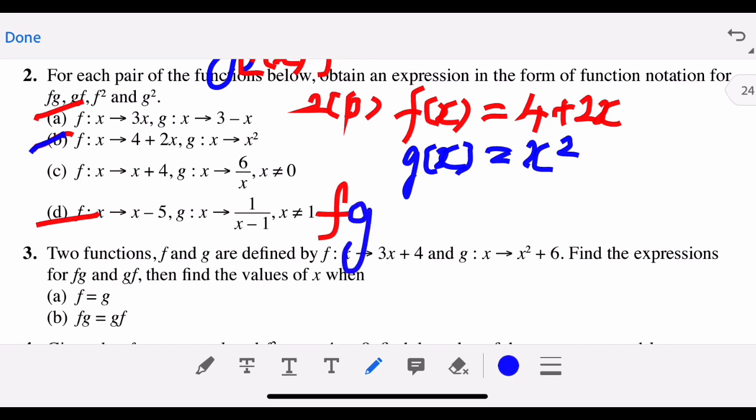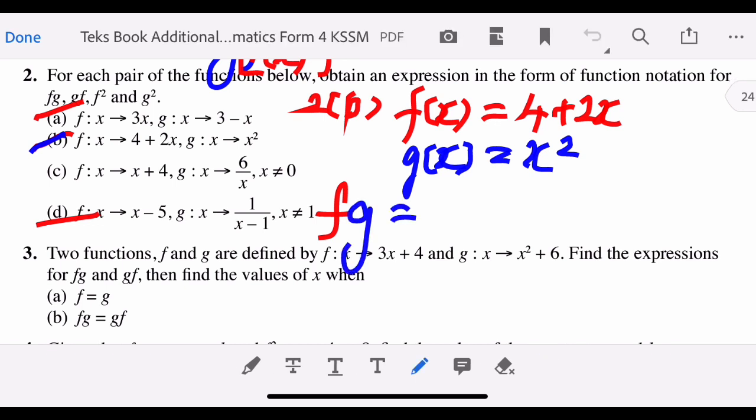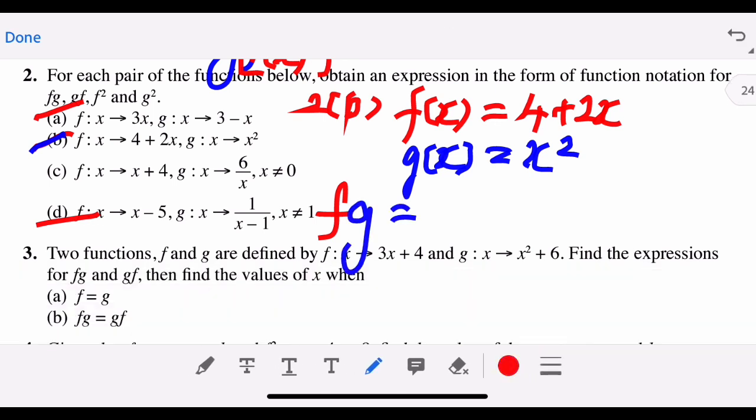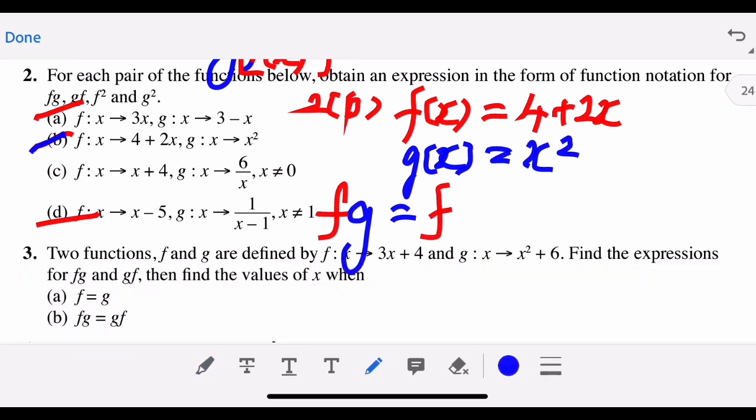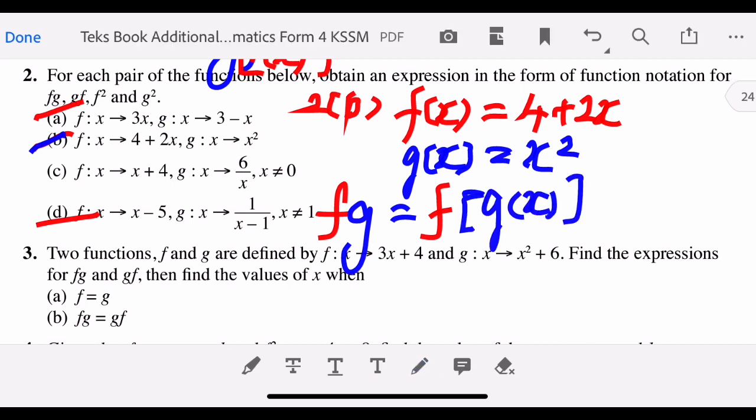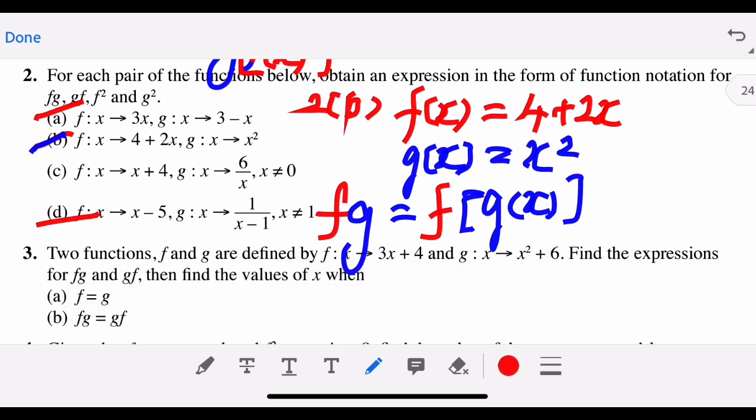So that means I'm going to write like this: the function f, then I'm going to put in the bracket the object, which is gx. So we will actually refer to the function f because the first letter refers to the function. So let's copy down the function f.